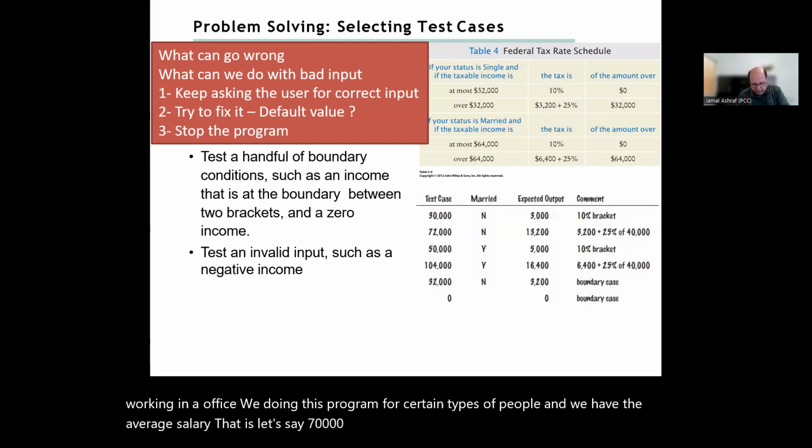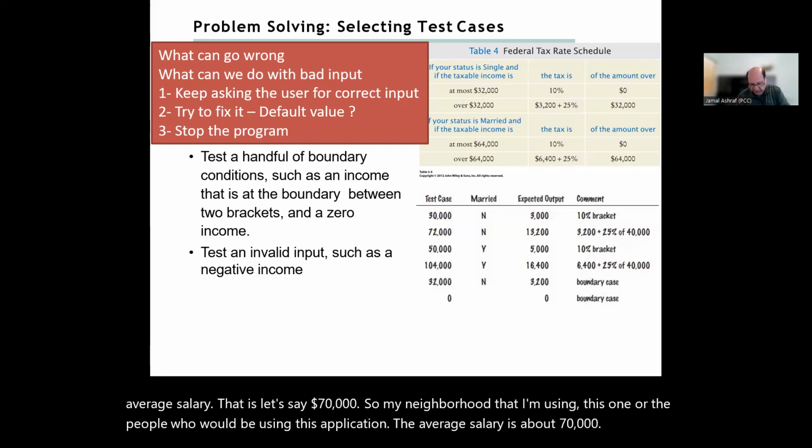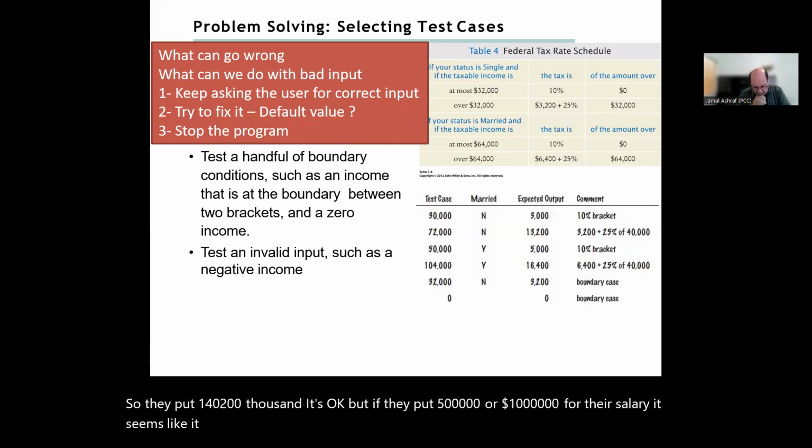So for the neighborhood I'm using, or the people who will be using this application, the average salary is about 70,000. So if they put 140,000 or 200,000, it's okay. But if they put 500,000 or $1 million for their salary, it seems like it is not correct. So we have to do something about it.